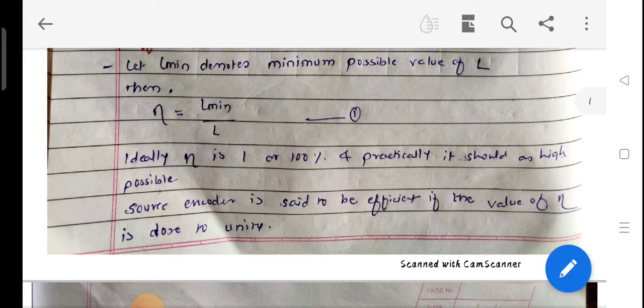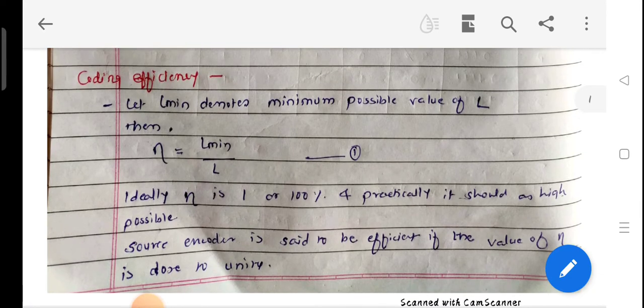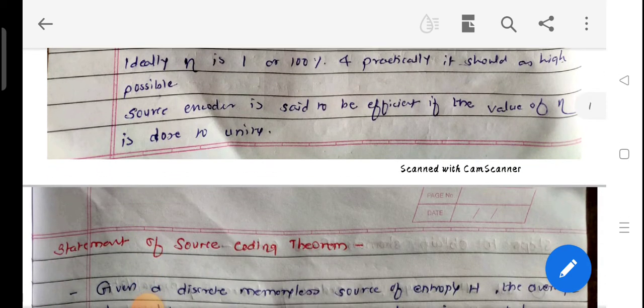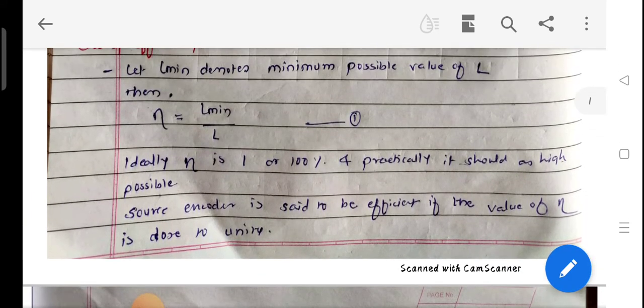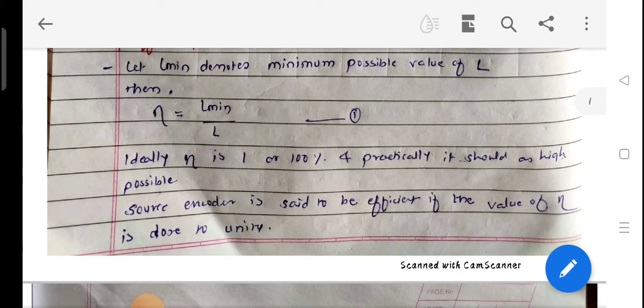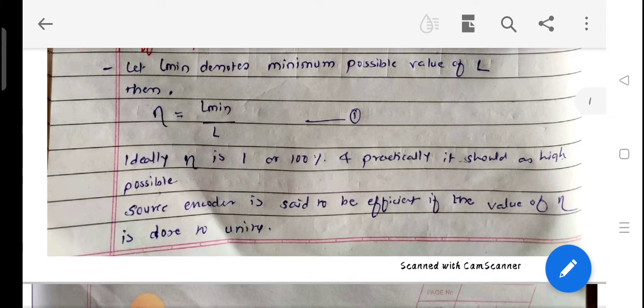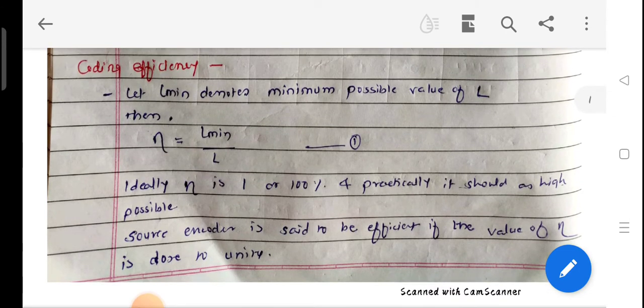So these are the two terms: the length of the code word and the coding efficiency. One more point is code redundancy. We use source encoding methods to reduce the effect of redundancy.